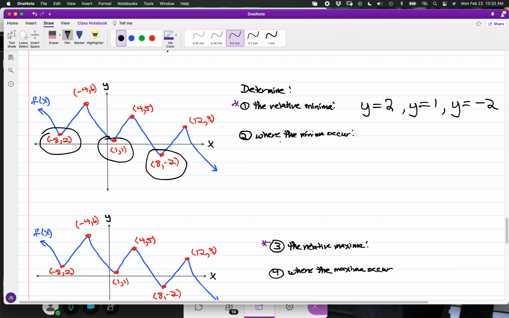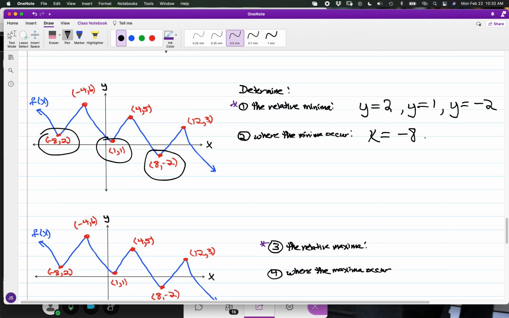And then there's this other part asking where the minima will occur. When it's asking where it's going to occur, it's asking just for the x values that correspond. So for where the minima will occur: whenever y is equal to 2, we had x equal to -8. For y is equal to 1, we had x equal to 1.